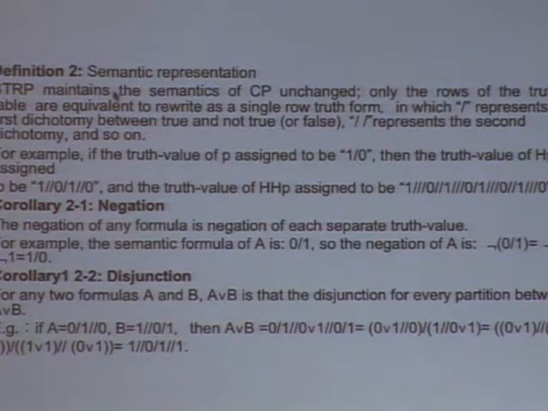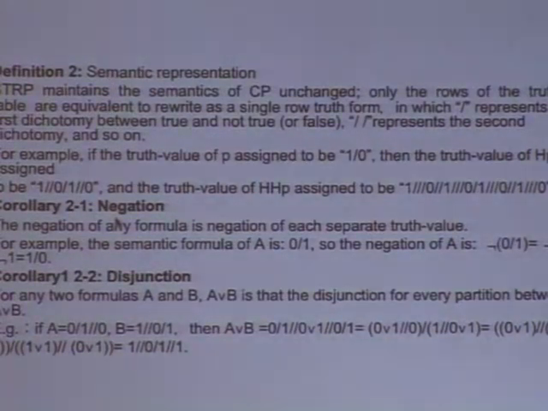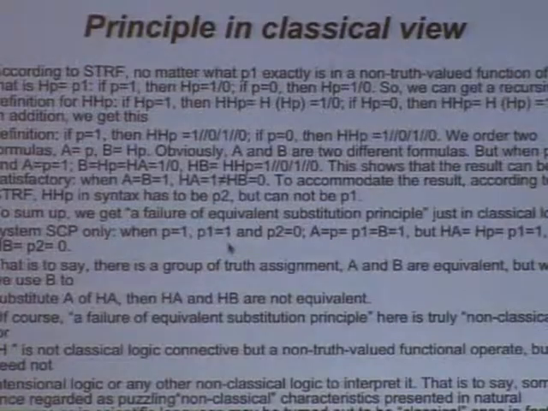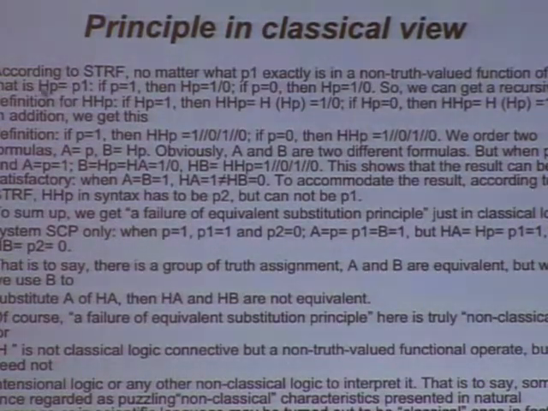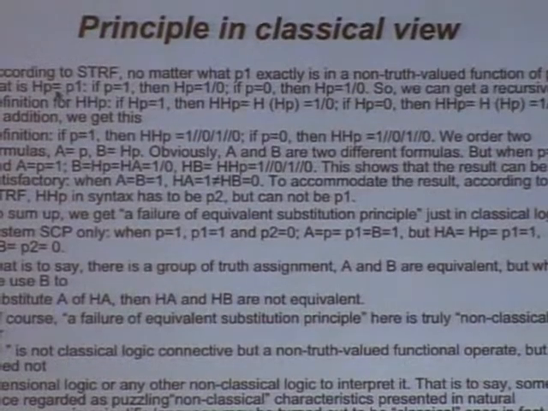In this system, we can define some syntactic representation, and the semantic representation is just the same as the classical CP system, with negation and disjunction. So now we think about this one. According to the structure, no matter what P1 exactly is, a non-choose value function of P, that is HP equals P1.